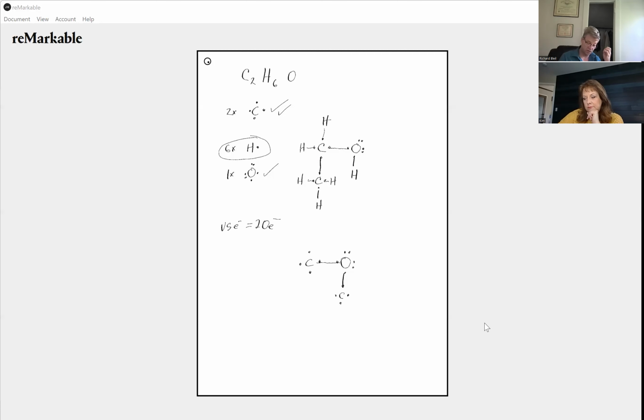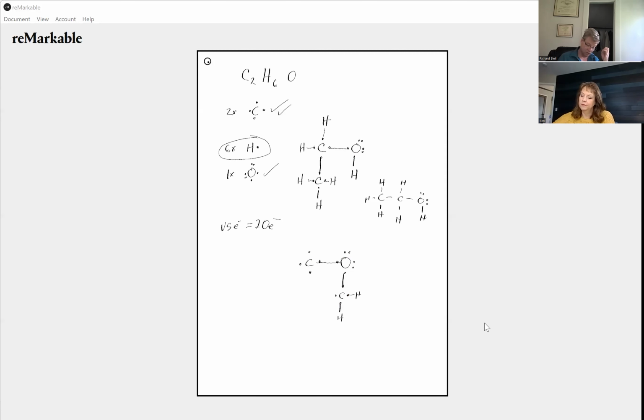So this gives us a Lewis dot structure. I'm going to rearrange it, just straighten it out a little bit. Looks like this. In the bottom Lewis dot structure, how many unpaired electrons do we have down here? 6.